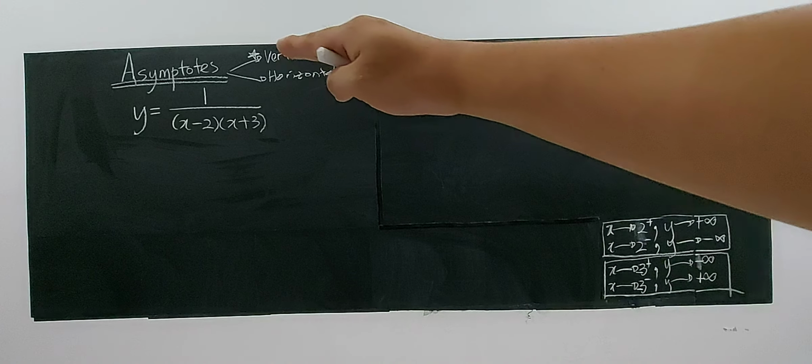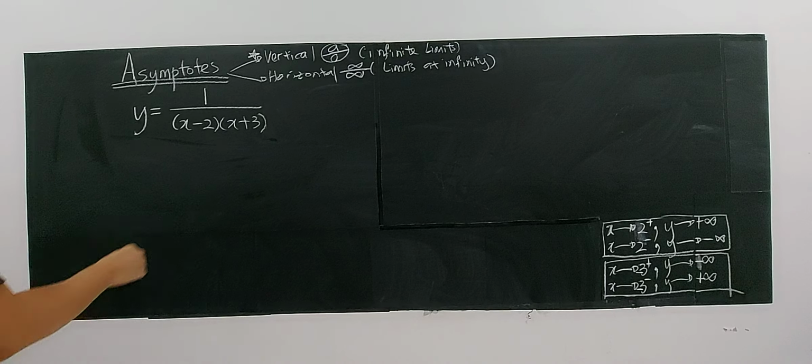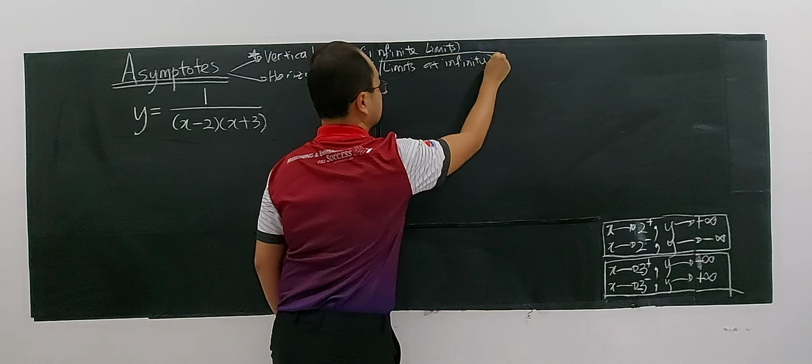Now, after finding the vertical asymptotes, I'm finding the horizontal asymptote. For the horizontal asymptote, we have to find the limits at infinity.